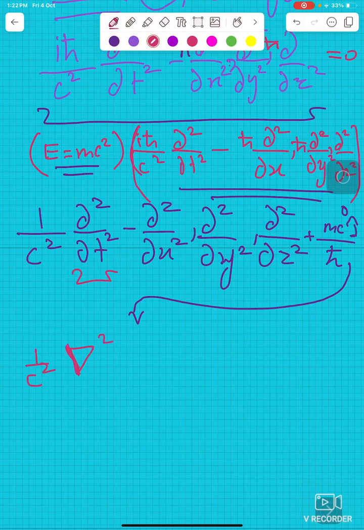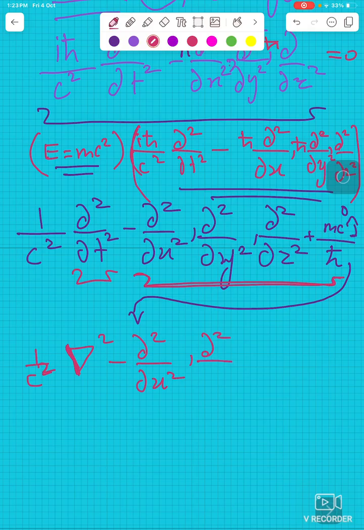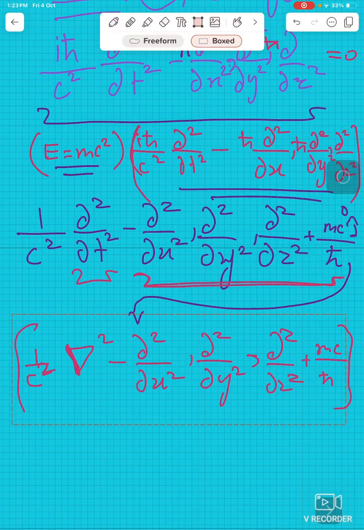That's what I call it, gradient operator, minus this whole thing, minus d square over dx square, d square over dy square and d square over dz square, plus mc over h bar.